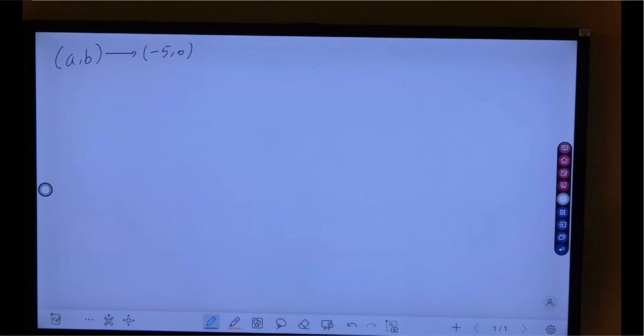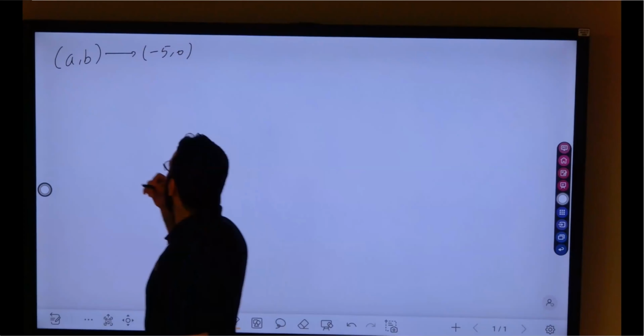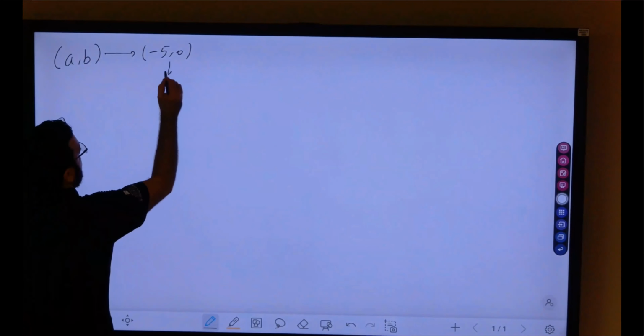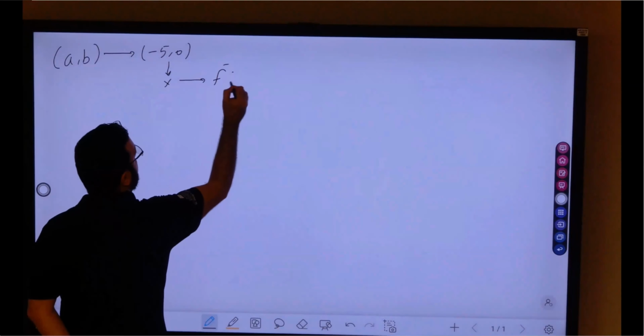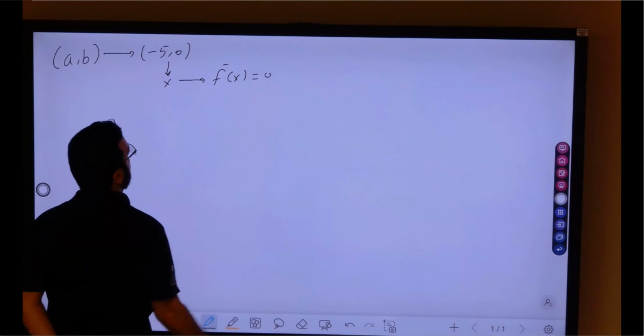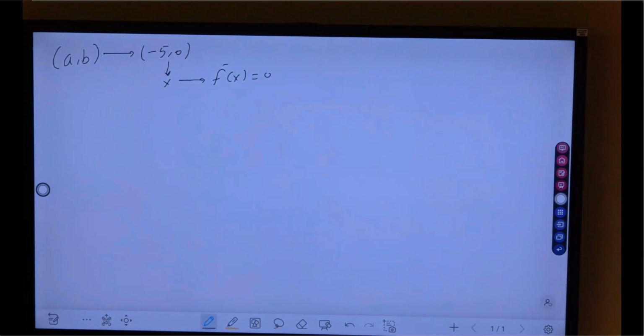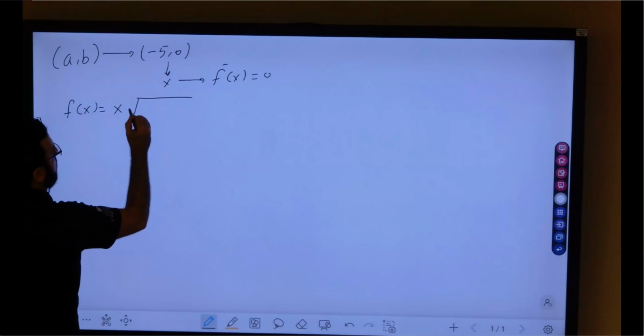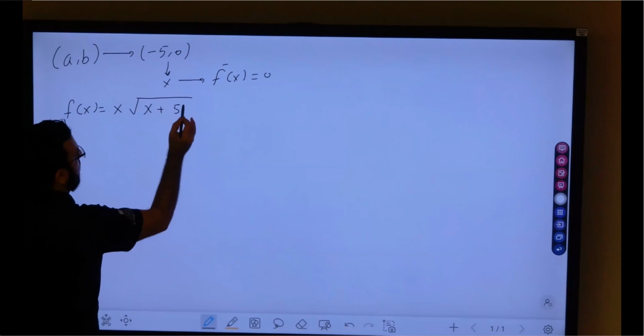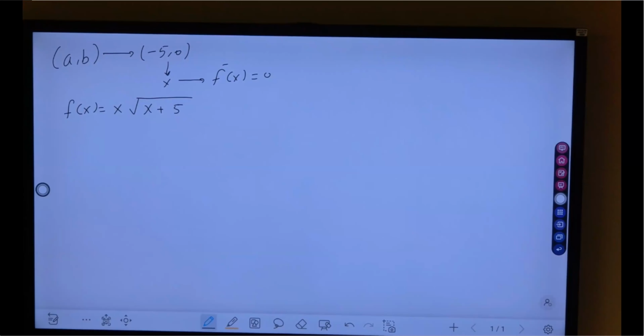So I'm gonna write down the function, which is f of x equals x square root of x plus 5, and we need to find the derivative.